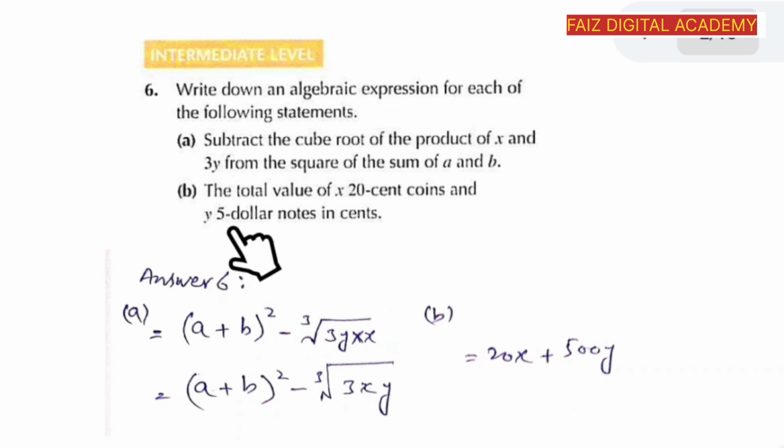We know that $1 contains 100 cents, so $5 will contain 500 cents. So the cost of the 20 cent coins will be 20 into x, and the value of y numbers of $5 notes will be 500y, and this answer is given in cents.